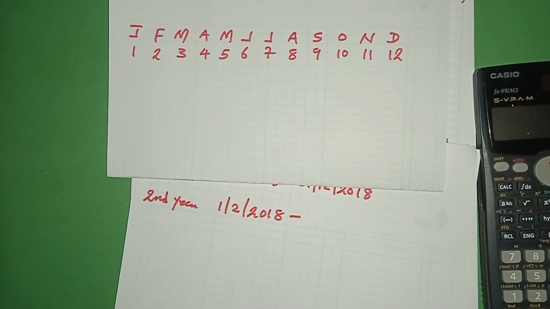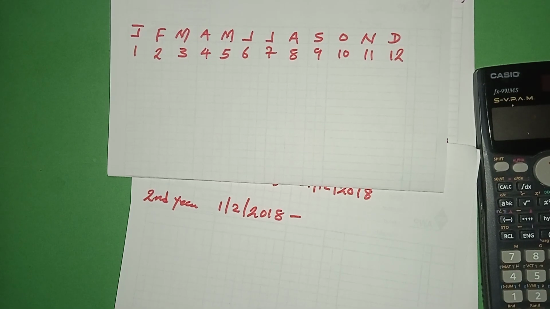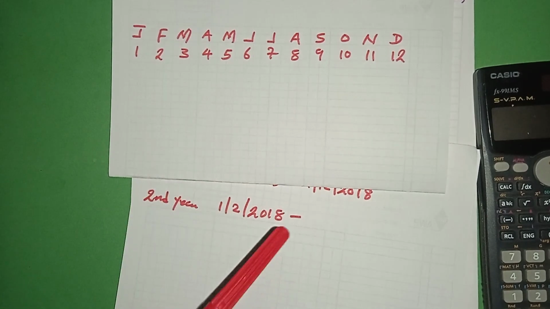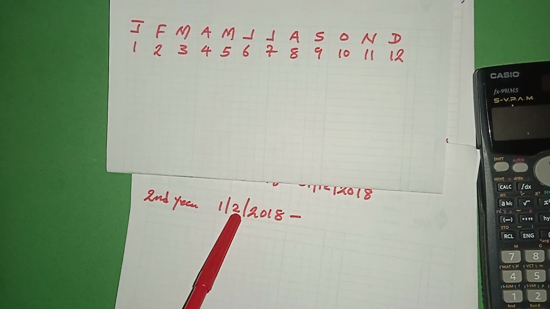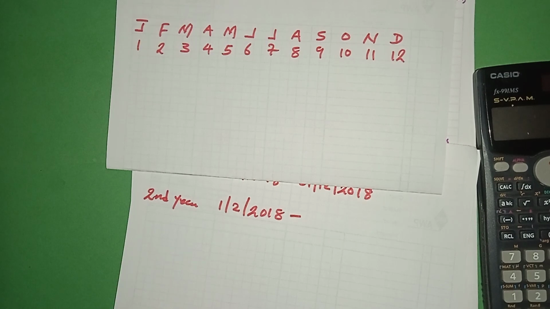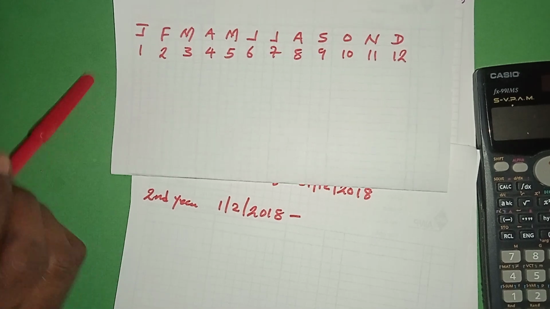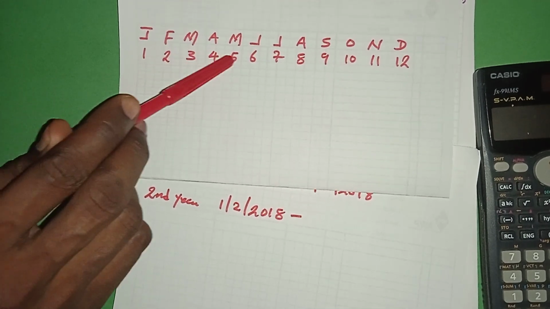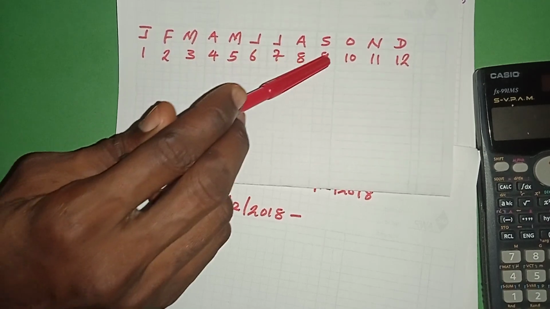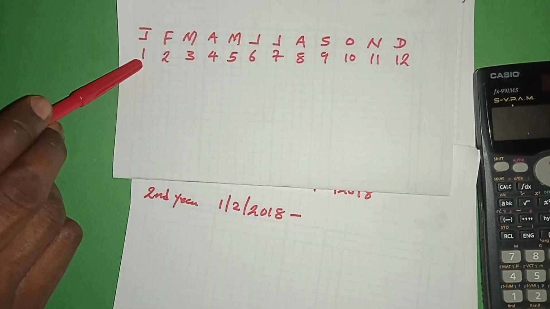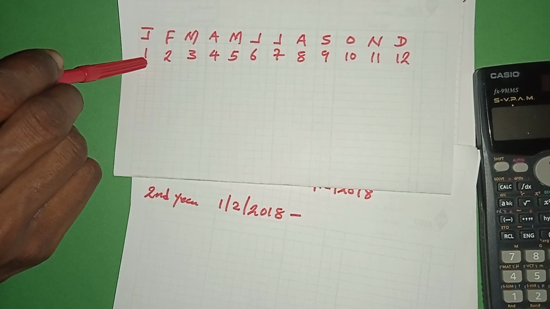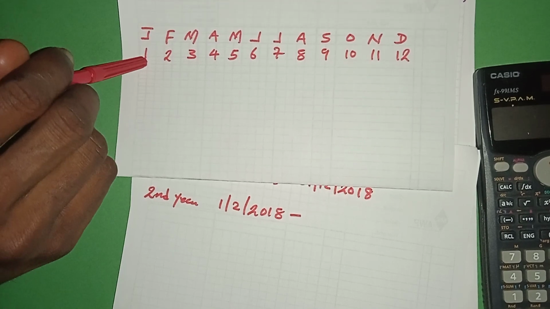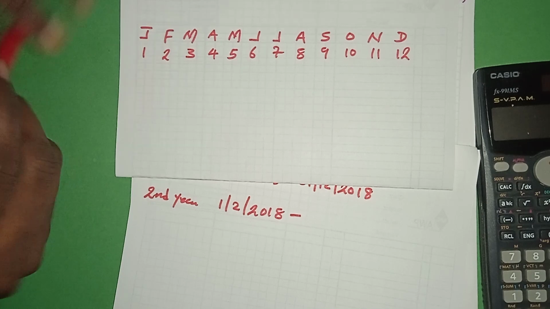Don't underrate this. Now let's count. This is February, and February is just starting, so we add February to our counting. This February: 1, 2, 3, 4, 5, 6, 7, 8, 9, 10, 11, 12. So the next year now will be what?